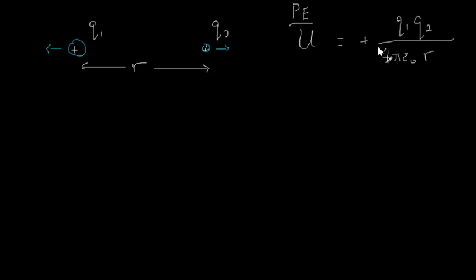Now if I have a negative charge, if let's say I have a positive charge here and a negative charge here, then let's say this is Q1 and this is Q2. Now in this case, they will attract each other.